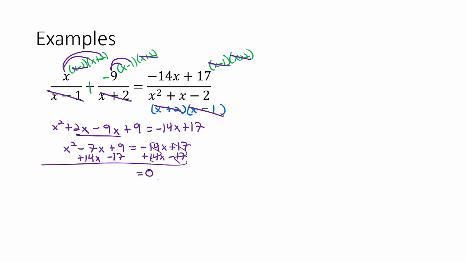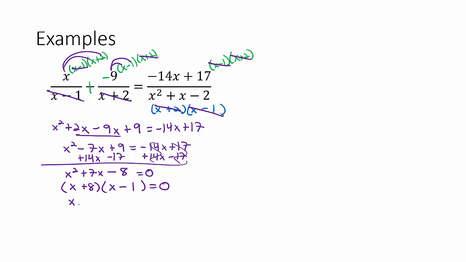That gives us 0 on the right, and x squared plus 7x minus 8. Now that it's equal to 0, all we have to do is factor. And that's going to be x plus 8 times x minus 1.